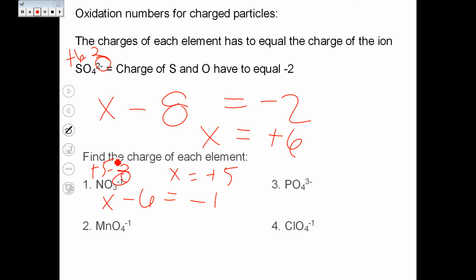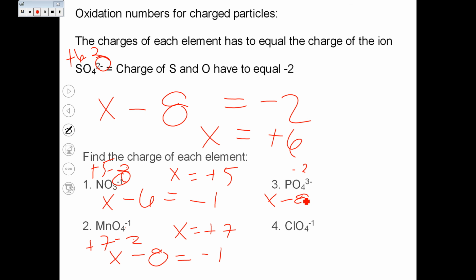MnO4 1-, oxygen is -2. Manganese we need to calculate. We'll call it X. X minus 8. The 8 comes from 4 -2 charges. It has to add up to -1. X equals +7. Here, PO4 3-, oxygen has a -2 charge. Phosphorus we'll call X, minus 8.